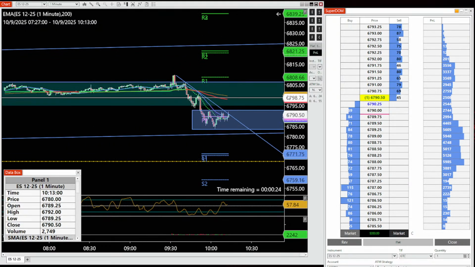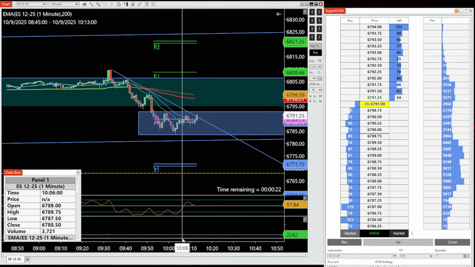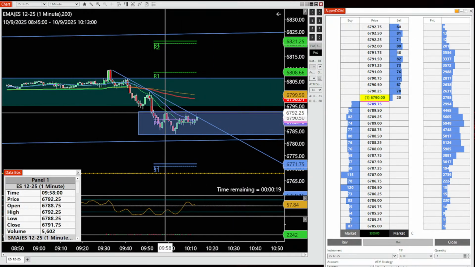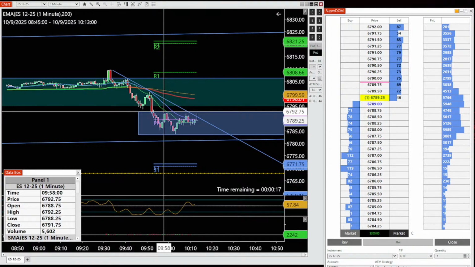$92, keep selling off this 92 though. Even on the small right here, selling off this 92.